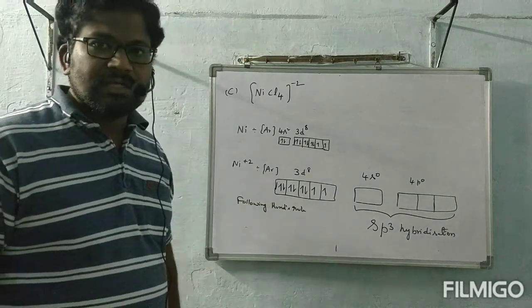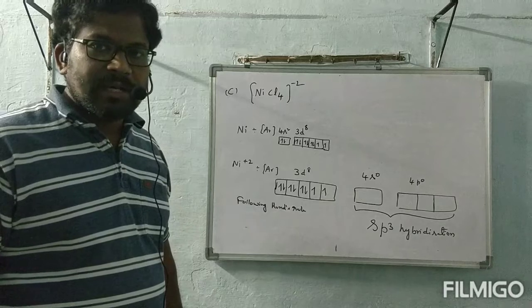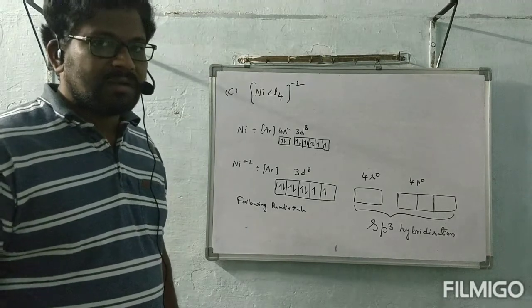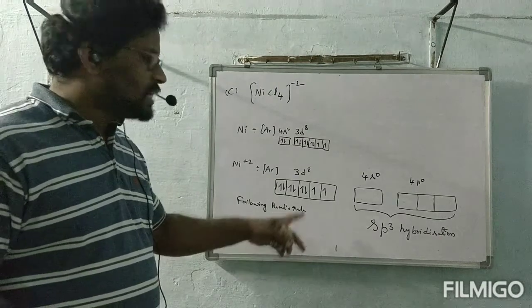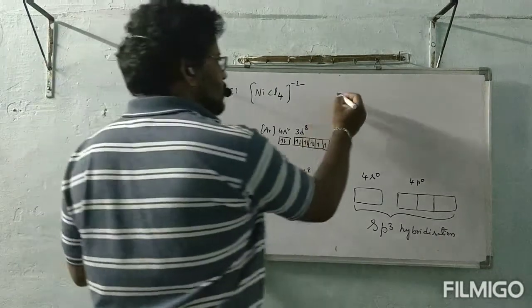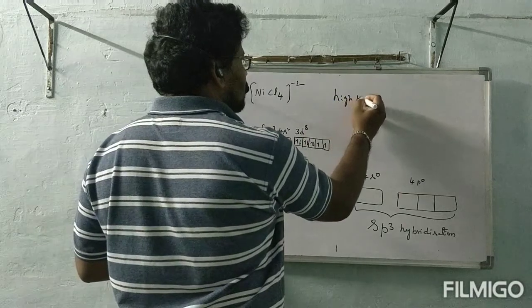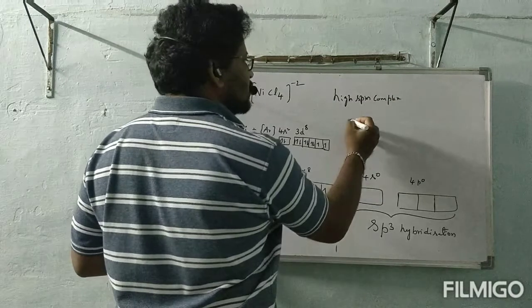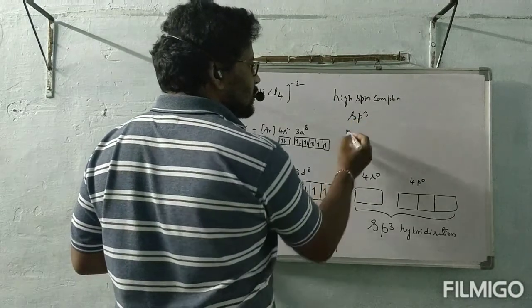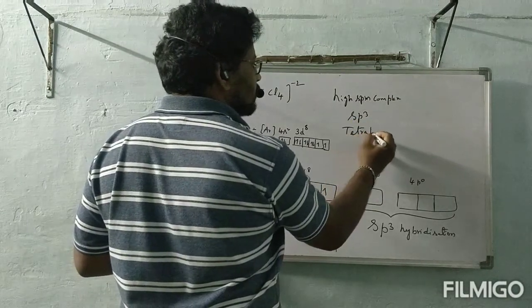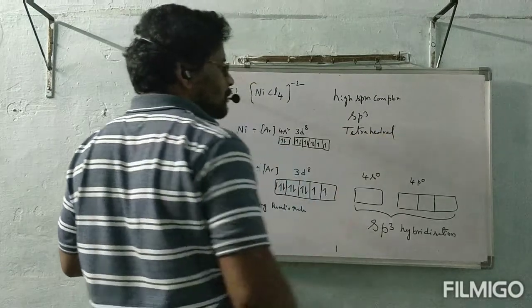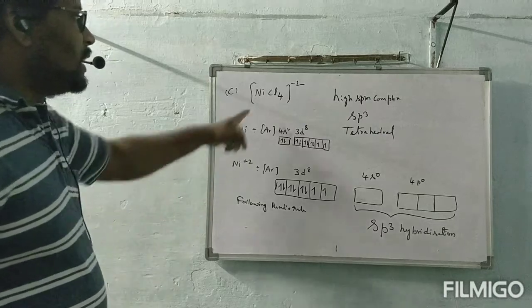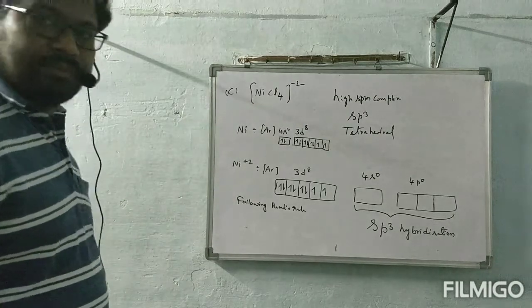Only s and p orbitals, that is sp3 hybridization. That's why we will not say inner orbital or outer orbital. But this is a high spin complex, hybridization sp3, structure tetrahedral. This is the information about NiCl4 minus 2.